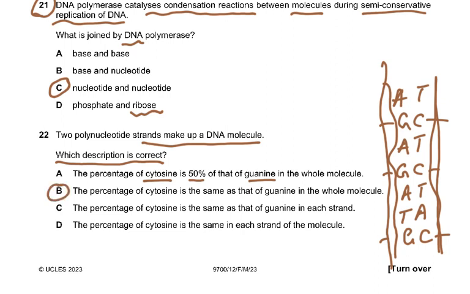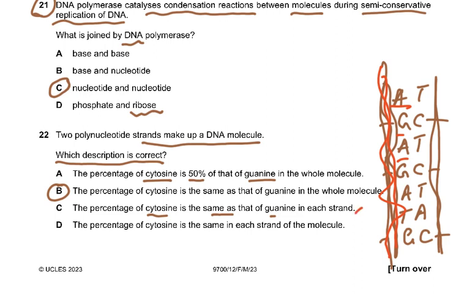But why the others wrong? The percentage of cytosine is the same as that of guanine in each strand. No, this is one strand. So there can be many A's, many G's, many C's, many T's. They're not going to be the same. So you have an A here, you have a G here, but the G and C are not going to be the same.